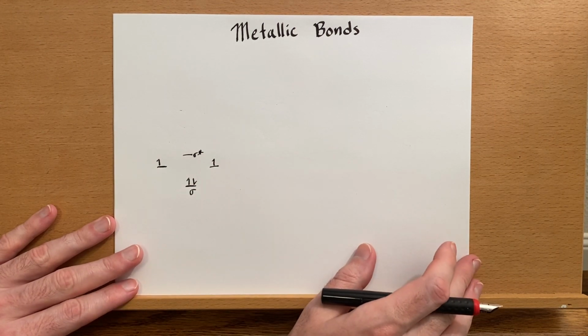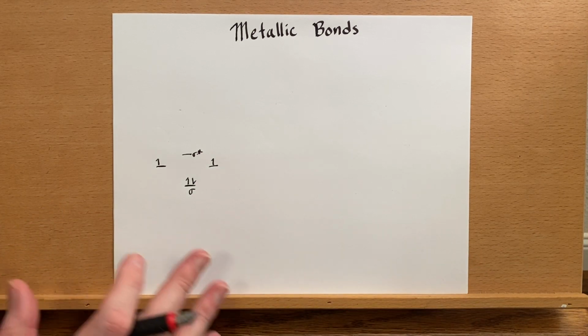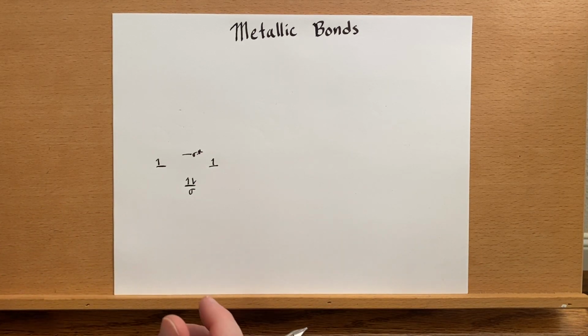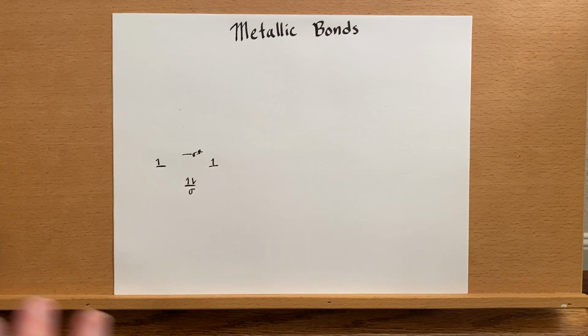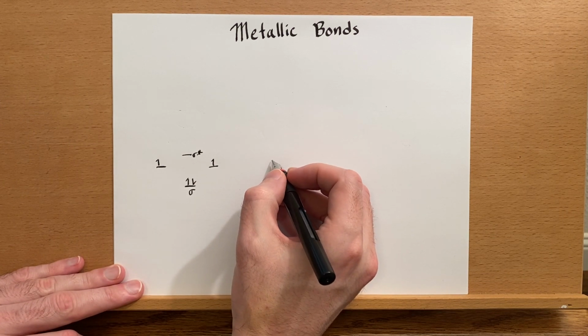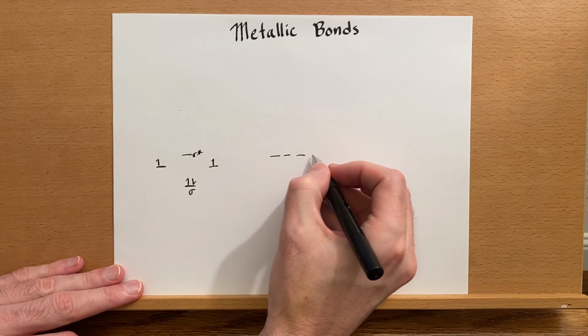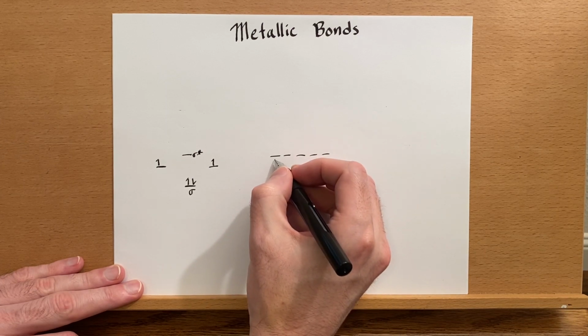Now, what happens when we have a metal and we have a lot of the same thing all together at once, all on different sides and in every which way? Well, what ends up happening is that there are so many of them all at the same energy level.